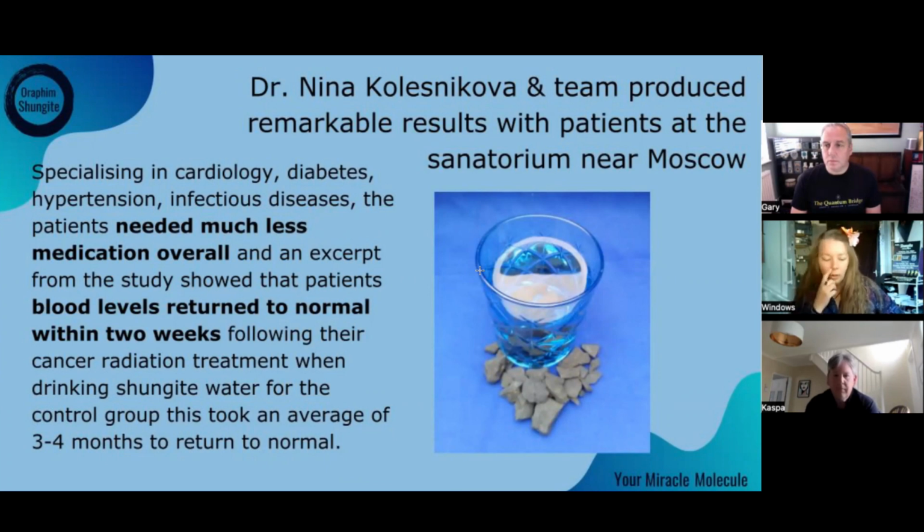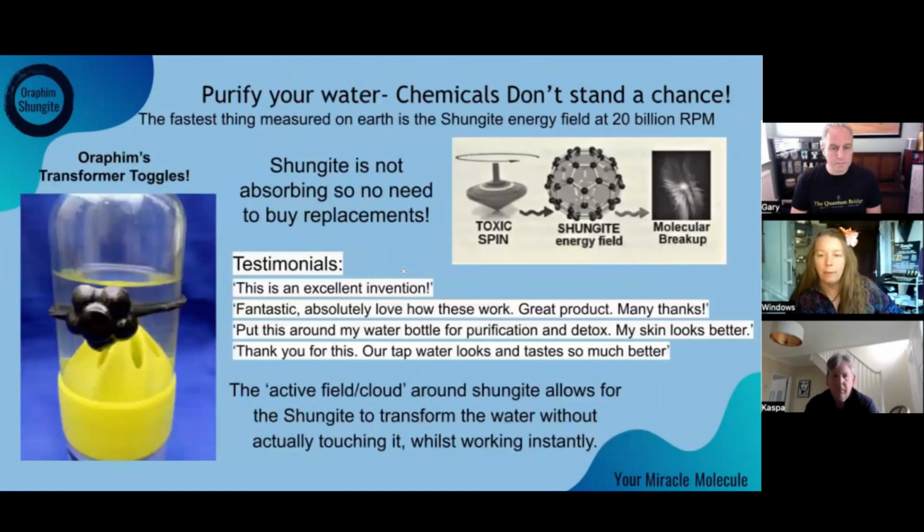But let's start talking about the water aspect. What shungite is doing is breaking apart the chemicals, because the chemical molecules spin the opposite way to nature. That was discovered by Khrushchev, whom I happened to read about 20 years ago in a bizarre book.